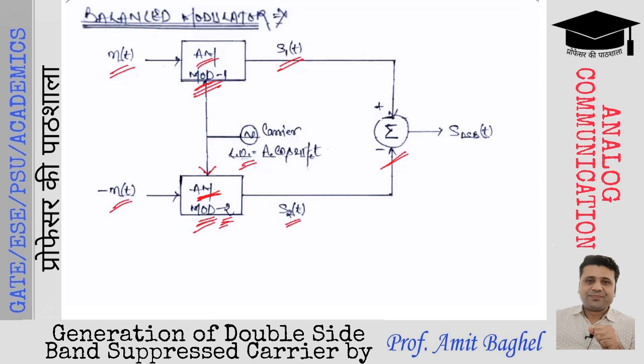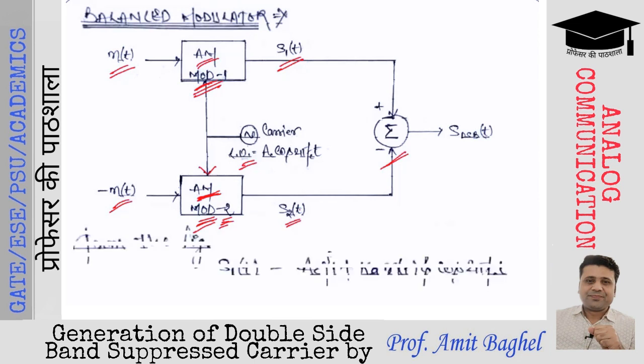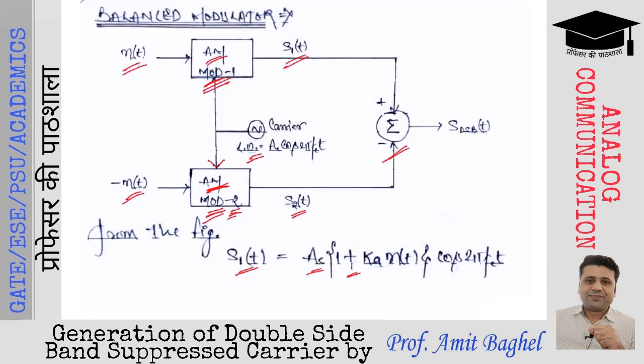Okay, so from the figure, let us observe what all the outcomes of the standard AM modulators are. So S1T is the outcome of the standard AM modulator 1, जिसके इनपुट है MT and CT. So S1T का मैथमेटिकल एक्सप्रेशन आएगा AC 1 plus KAMT cos of 2 pi FCT.